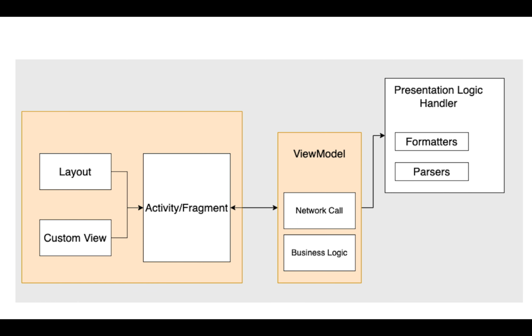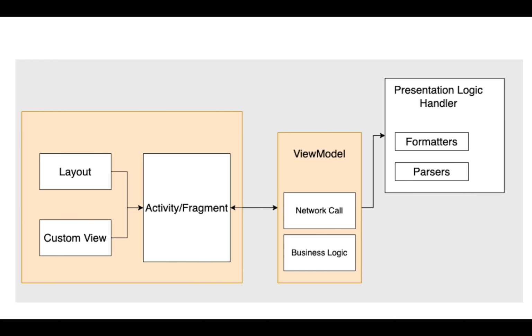So first I moved the presentation logic to a separate class, which gets injected in the ViewModel. Like formatters and parsers, those are huge and need to be reused. In other cases also I found that I need to use the same formatters and parsers. That's why I created a different class and used the object inside the ViewModel.